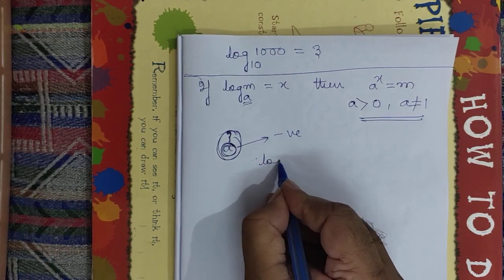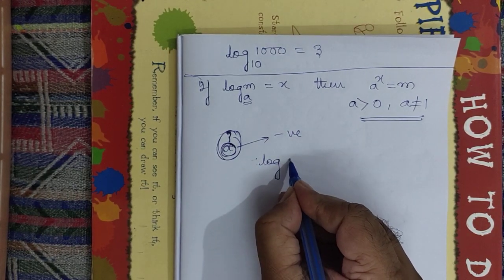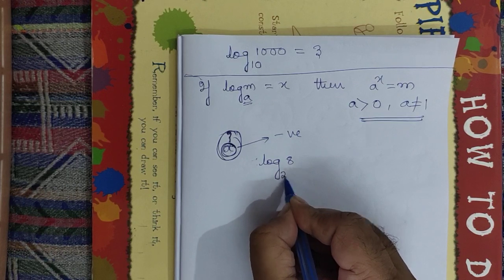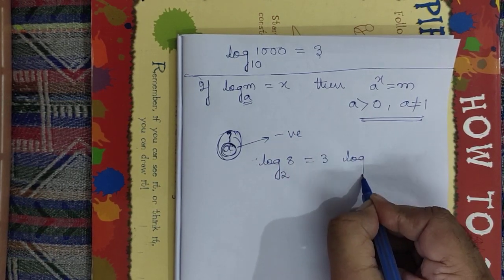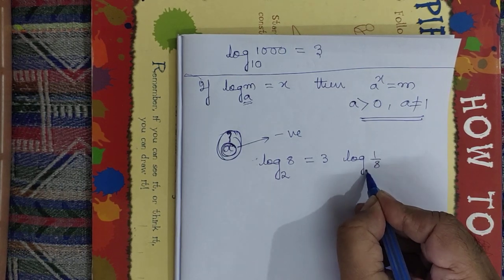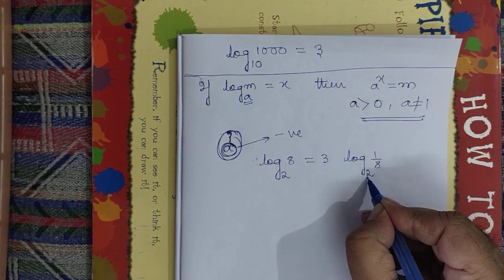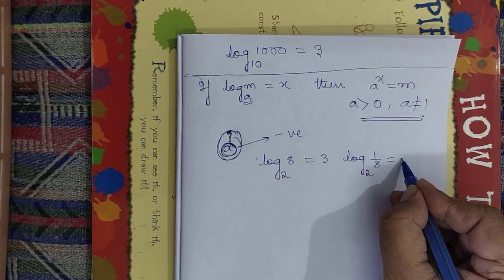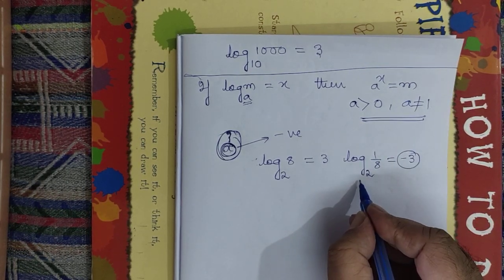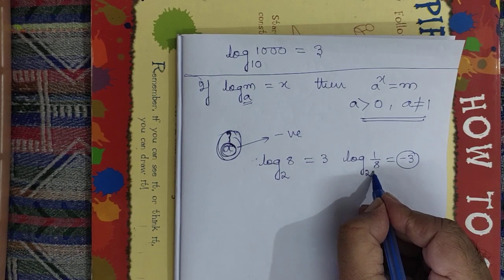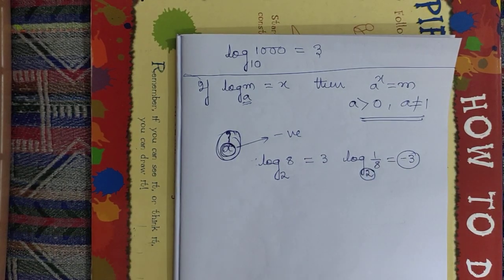I'll explain. Suppose I say log 8 base 2, you would say it is 3. However, if I say log 1 by 8 base 2, 2 to the power what is 1 by 8? You will definitely say minus 3. So this value can be negative. However, this base must be positive.